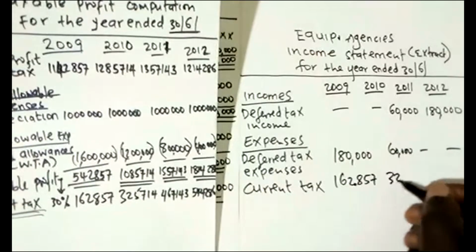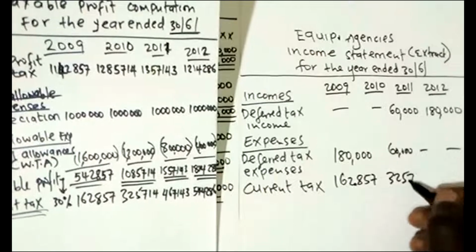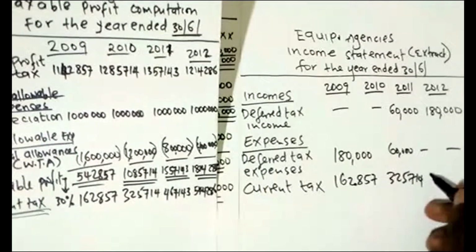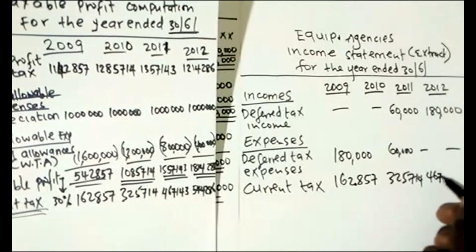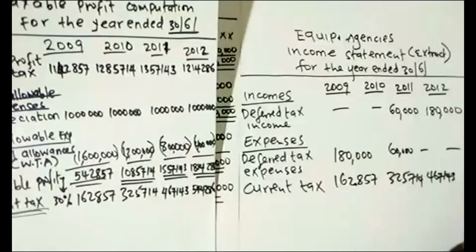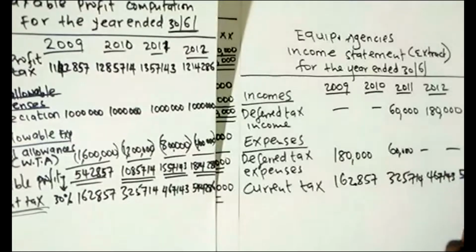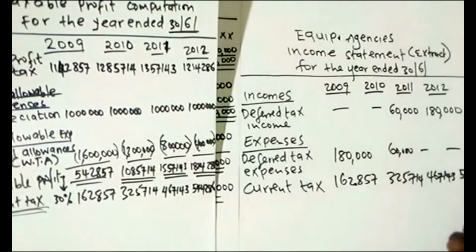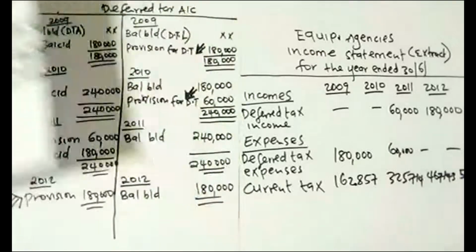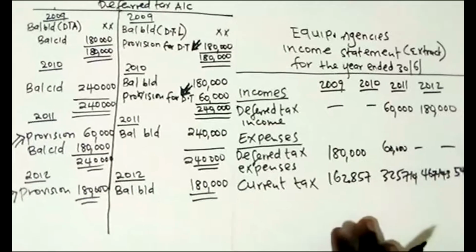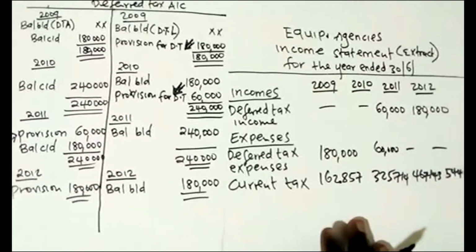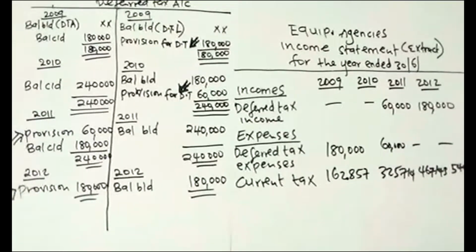We have 325,714. We have 467,143. And the last one was 544,286. And that is how you can do the income statement extract if the examiner was in need of one. And that marks the end of this question.